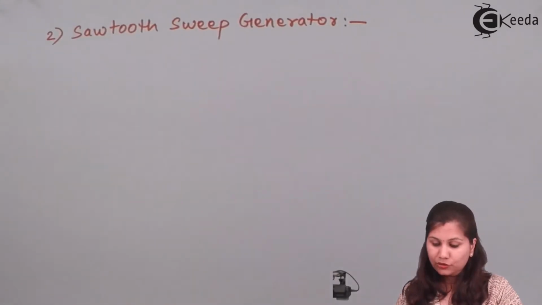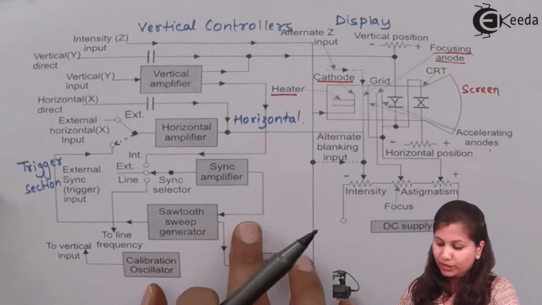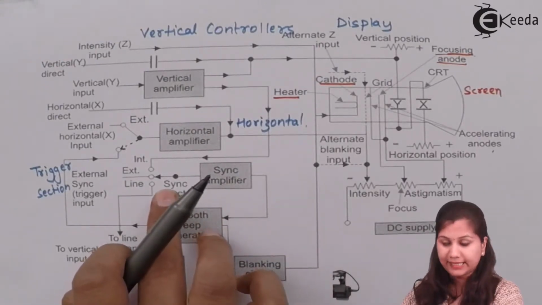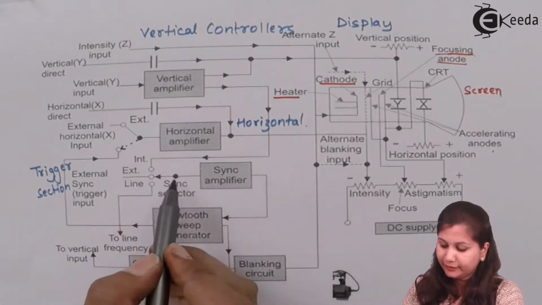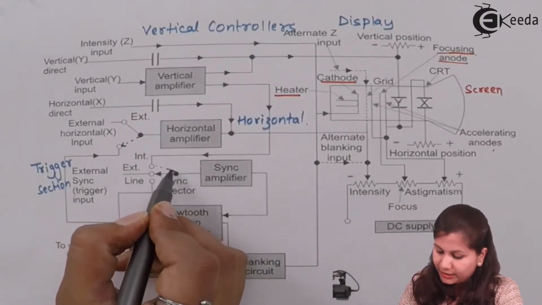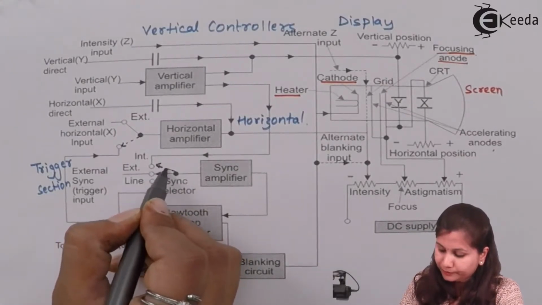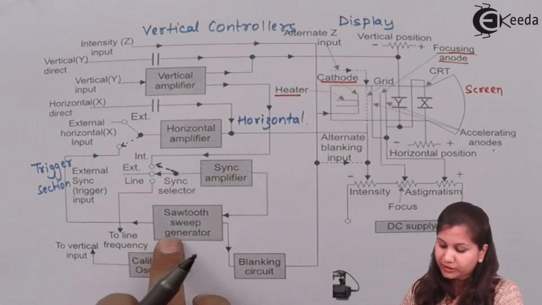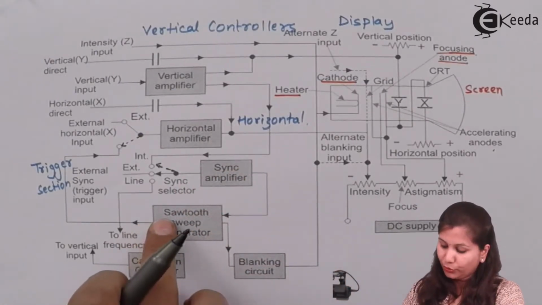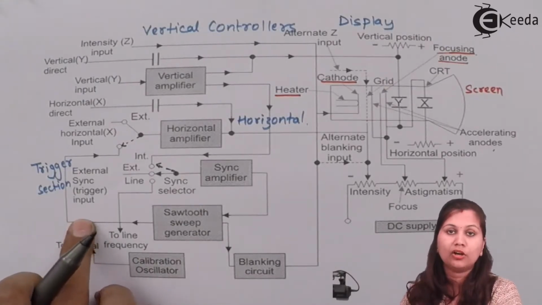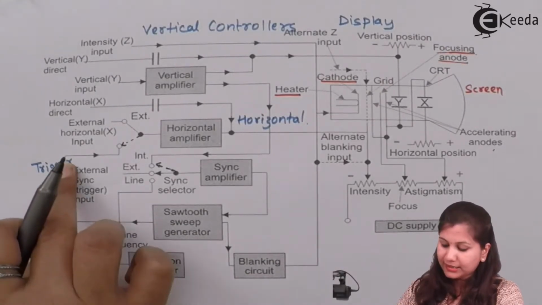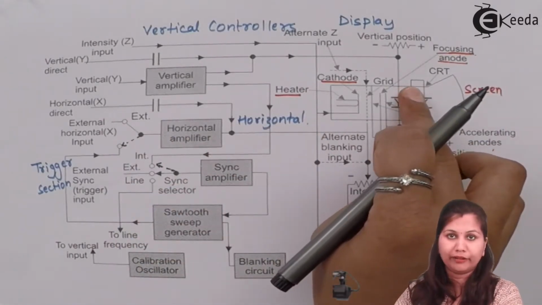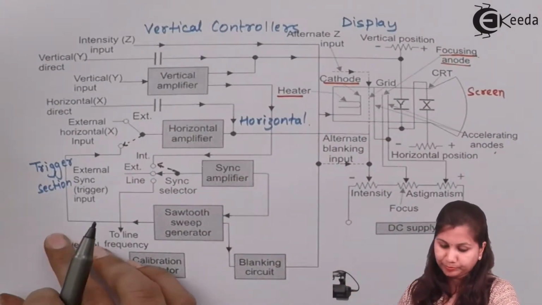This sawtooth sweep generator is triggered by the synchronizing amplifier when the sync selector switch is at the internal position. Then the sync amplifier is going to trigger the sawtooth sweep generator, which generates the ramp signal or time base, and then this time base is provided as the input to the horizontal deflection plates.